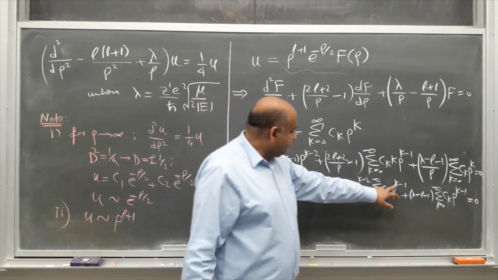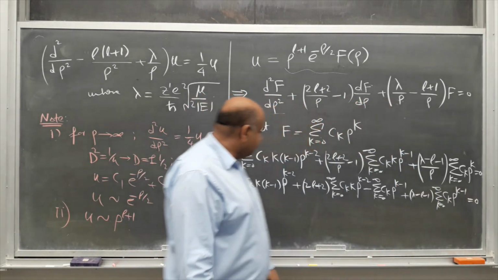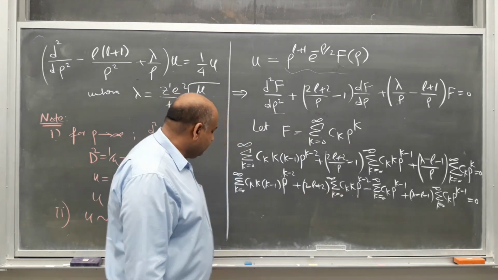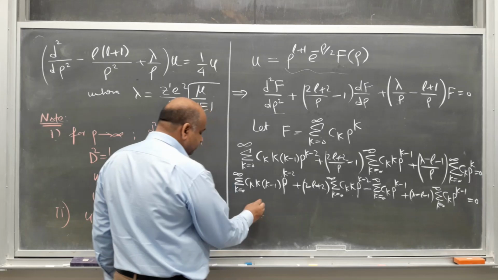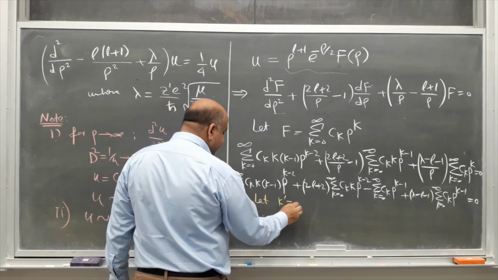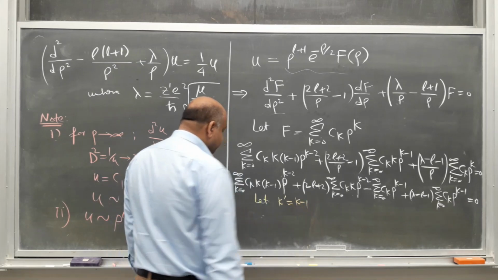So we have rho power k minus 1 here and rho power k minus 1 over there. Here it's rho power k minus 2 in both of these terms. So let's make this substitution, that we introduce another variable k prime, which is equal to k minus 1.